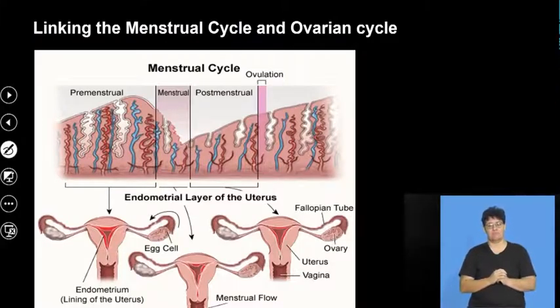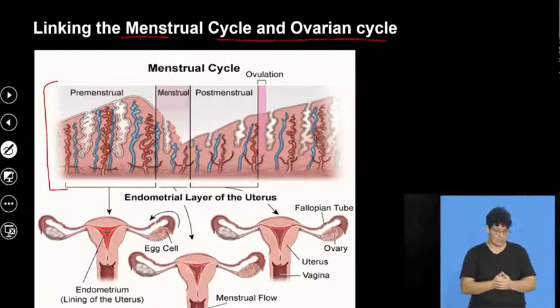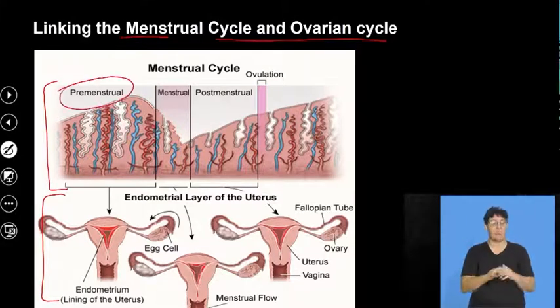Let's try and link the menstrual cycle and the events in the ovarian cycle. So in this image, I've illustrated the lining of the endometrium, and in this bottom half of the image, I've indicated the events that occur within the endometrium. Let's try and understand what happens during the build-up of the endometrium.